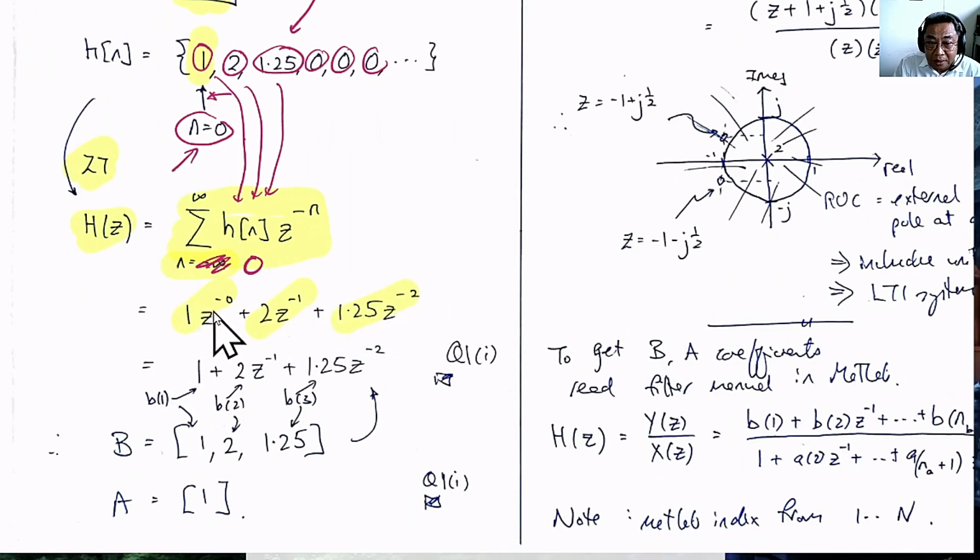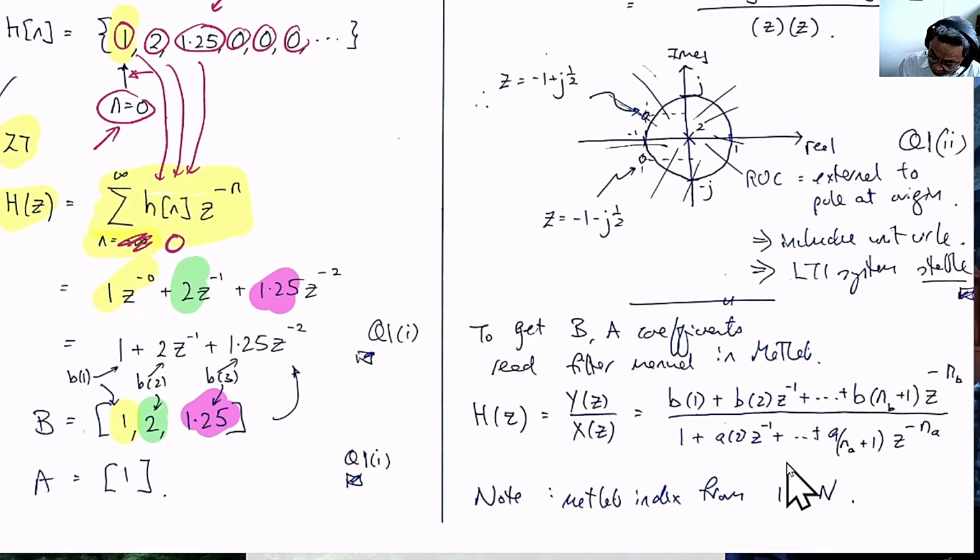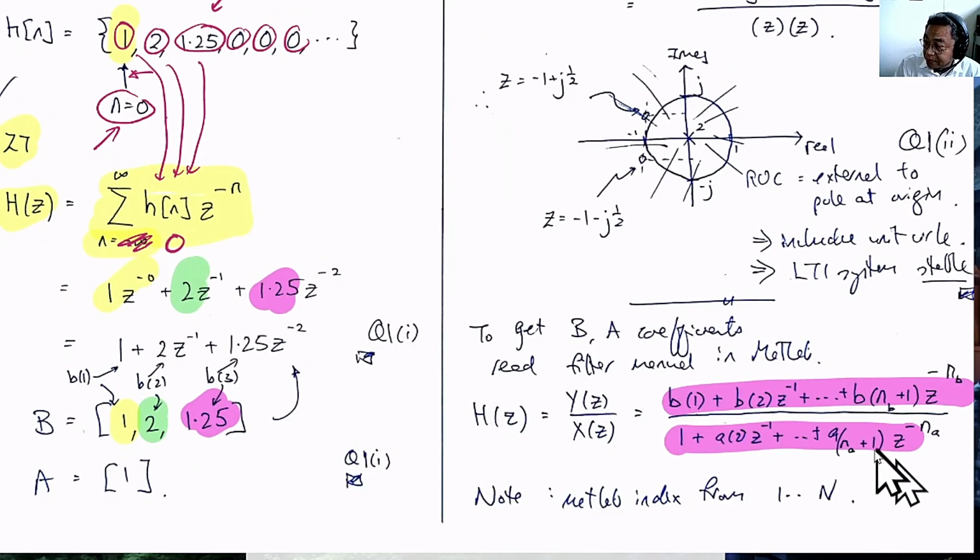So what we do is that the first one goes to here, the number 2 from here goes to here, the third value goes to here. And A equals 1 because in the transfer function there are no a coefficients and there is only 1 here.